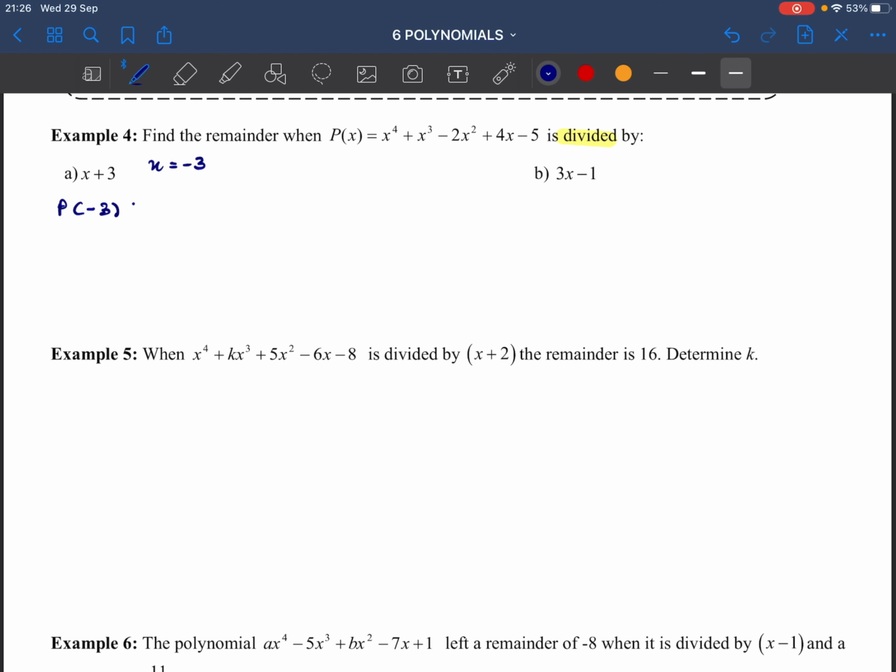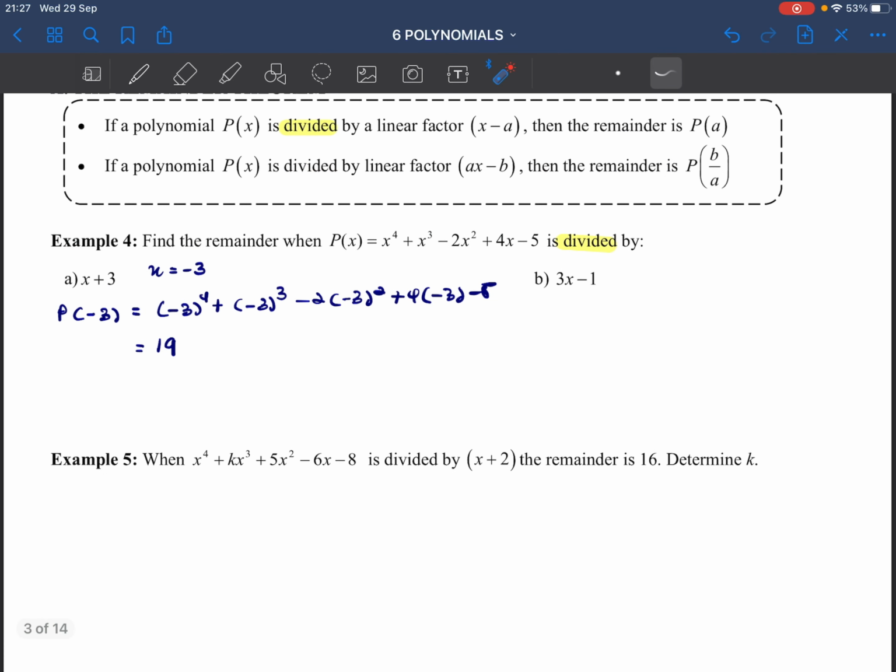P(-3) equals (-3)^4 plus (-3)^3 minus 2(-3)^2 plus 4(-3) minus 5. Press your calculator, pause the video, and press your calculator. You should get 19. So by using the remainder theorem, this is your remainder.